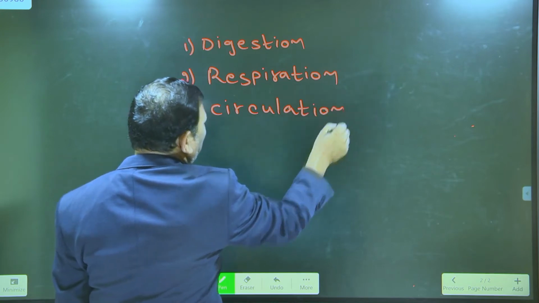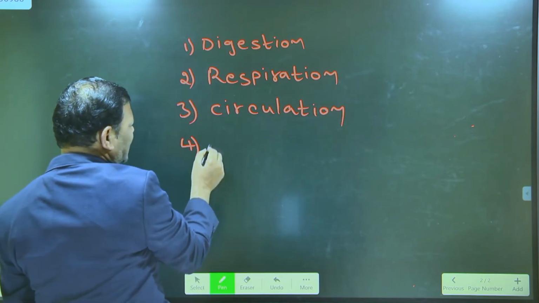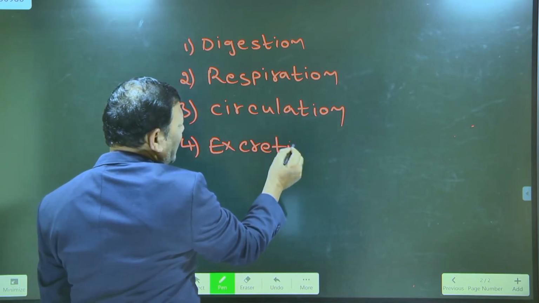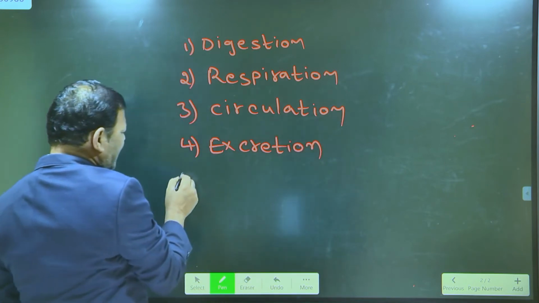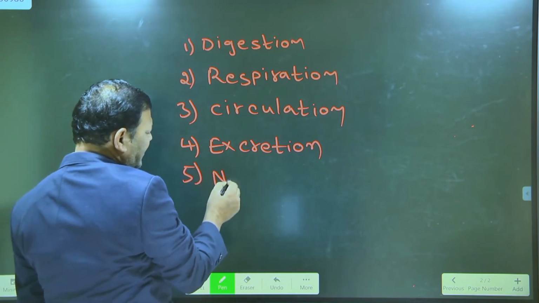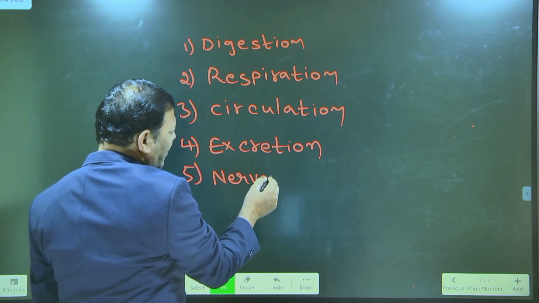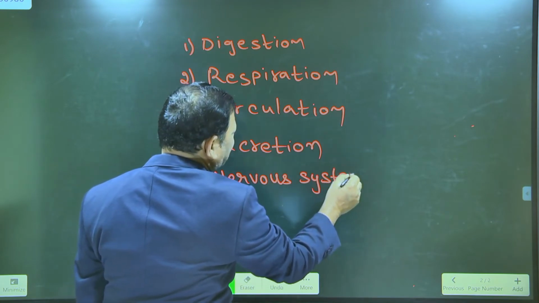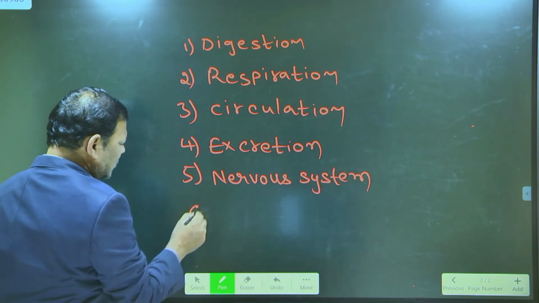Fourth one is excretion. And fifth one is the nervous system, and sixth one is reproduction.